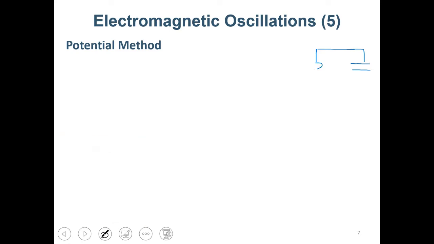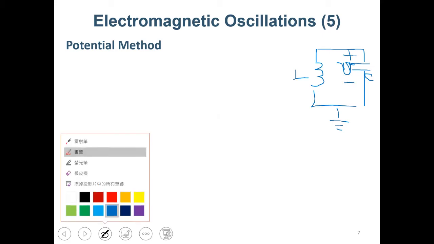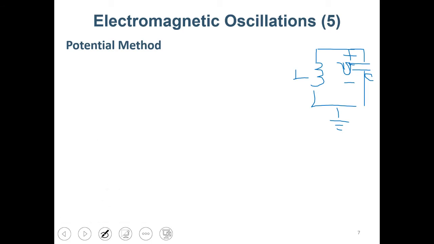So here in this case, this is inductor, this is capacitor, and we assume this point is a ground node, and this is L, this is C, and thus this is V. This is positive, this is negative, and for the inductor, this is negative, this is positive, because according to the KVL, the voltage going around this loop should be 0.